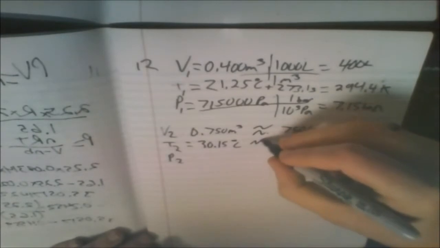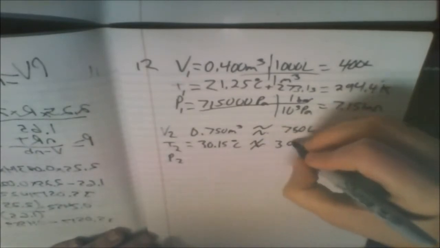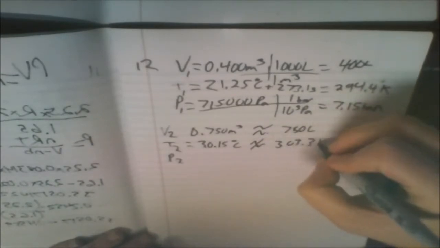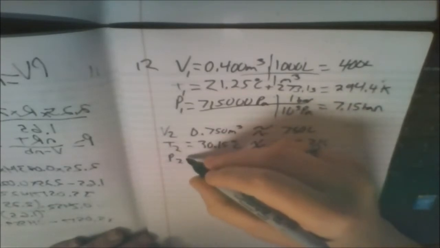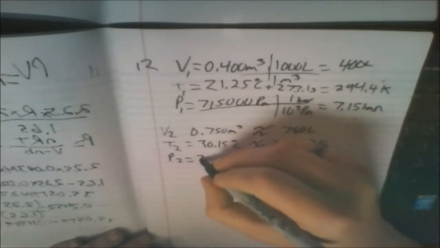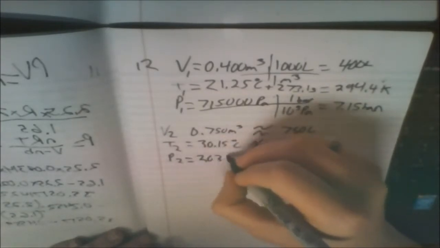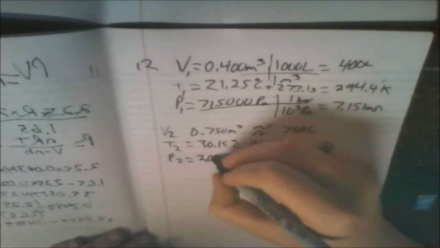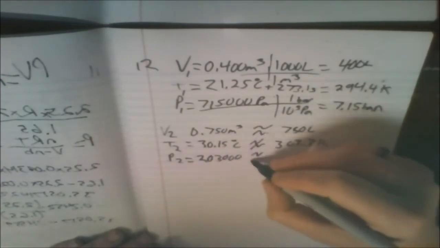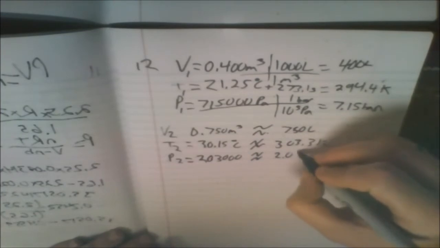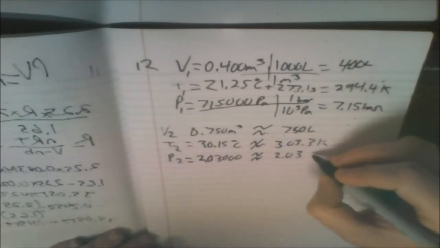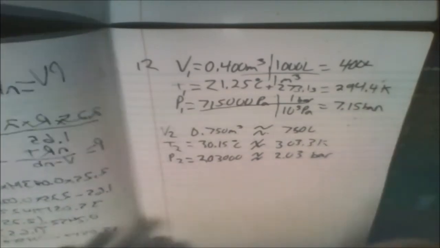That's 303.3 Kelvin. And pressure was 203,000, which is 2.03 bars. Okay.